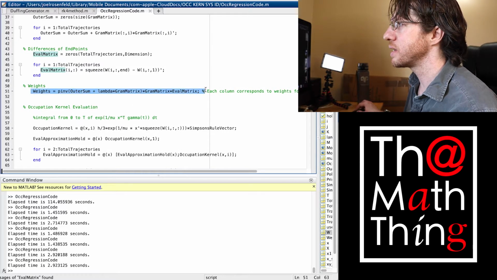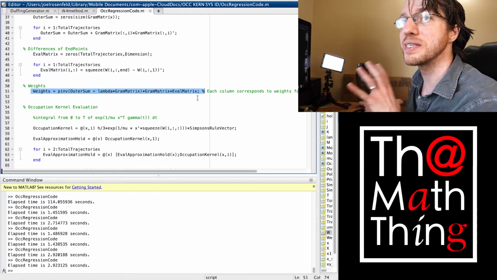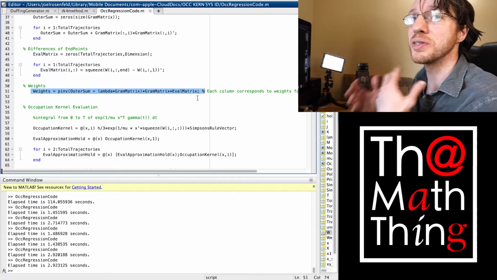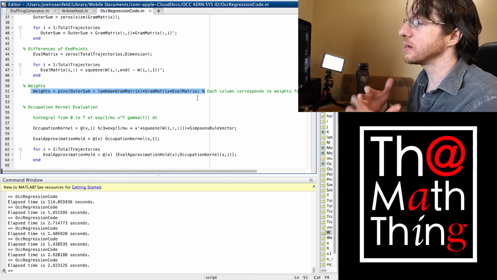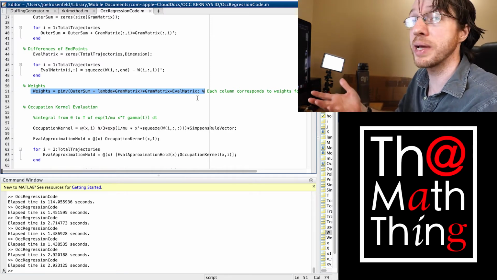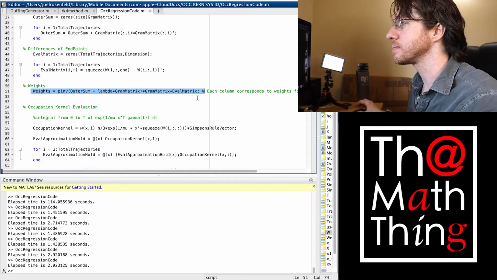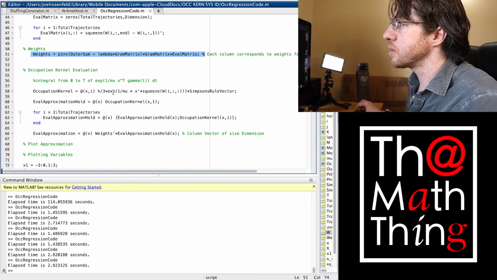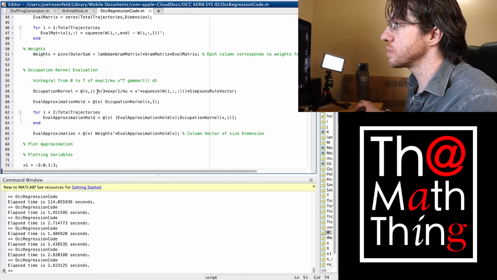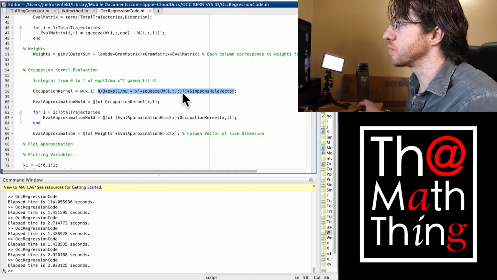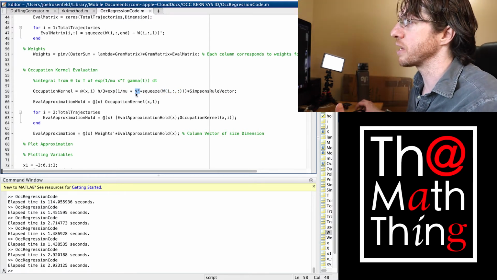At this point we have the matrices and the weights that are really important, but if we want to do the approximation, we need to evaluate each of these occupation kernels and then multiply them by the weights. You can evaluate the occupation kernel at a point x really quickly with the same trick we did before. We use the ith trajectory, multiplying by the point we're evaluating at.